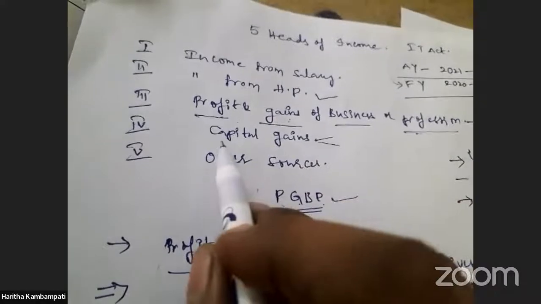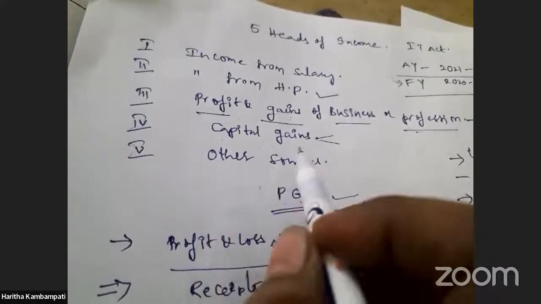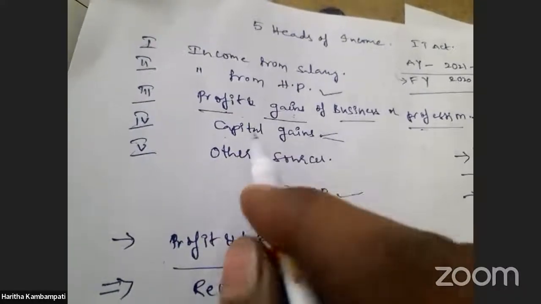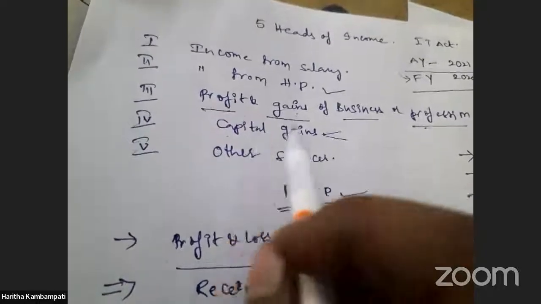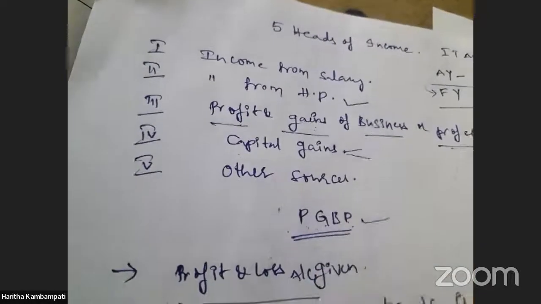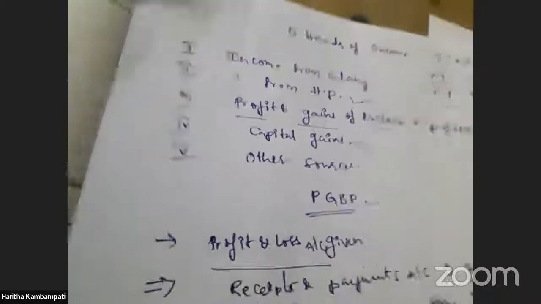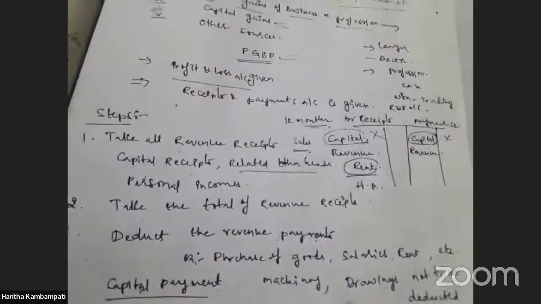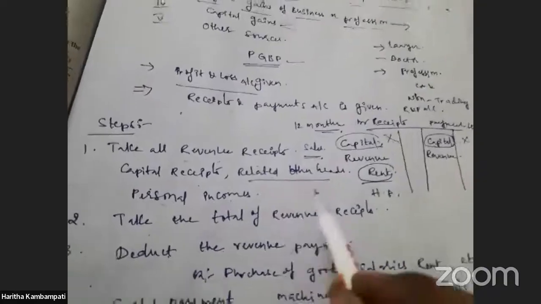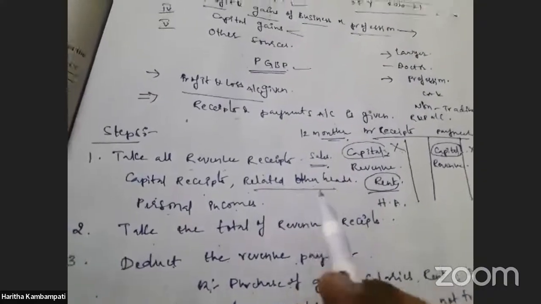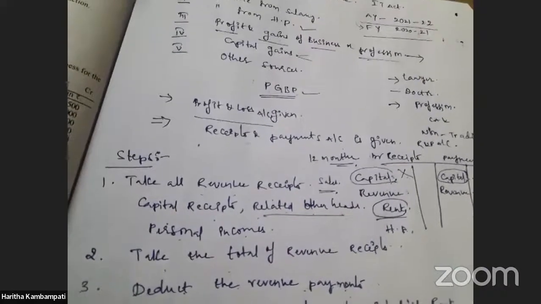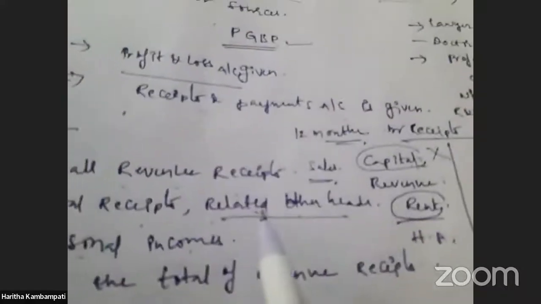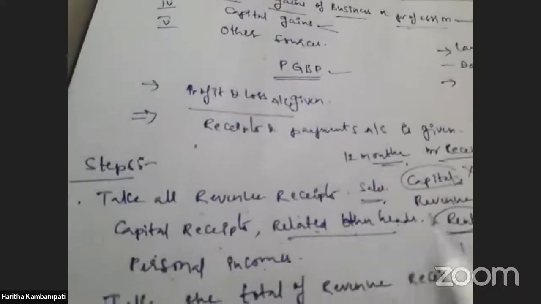So whatever the income arising from sale of shares, we will be entering here. Incomes related to other heads, we should not take.